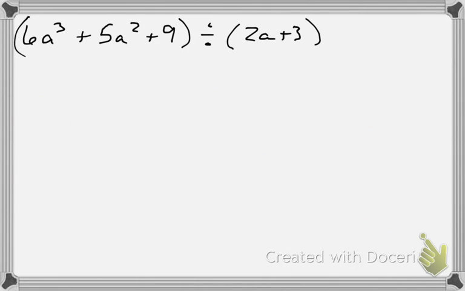You'll notice that at the beginning of this problem we have 6a cubed plus 5a squared plus 9. We are missing a term. What are we missing? The a to the first power. With division, anytime you are missing a term, you must put in a ghost term for the one that's missing.